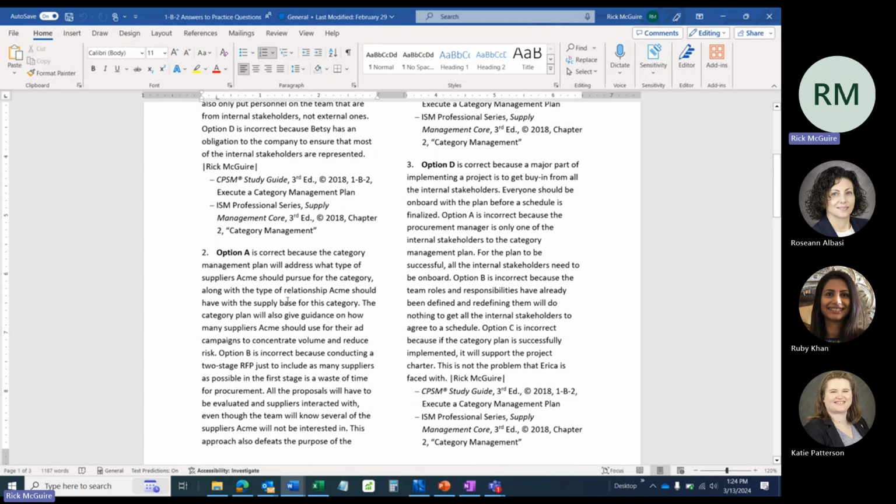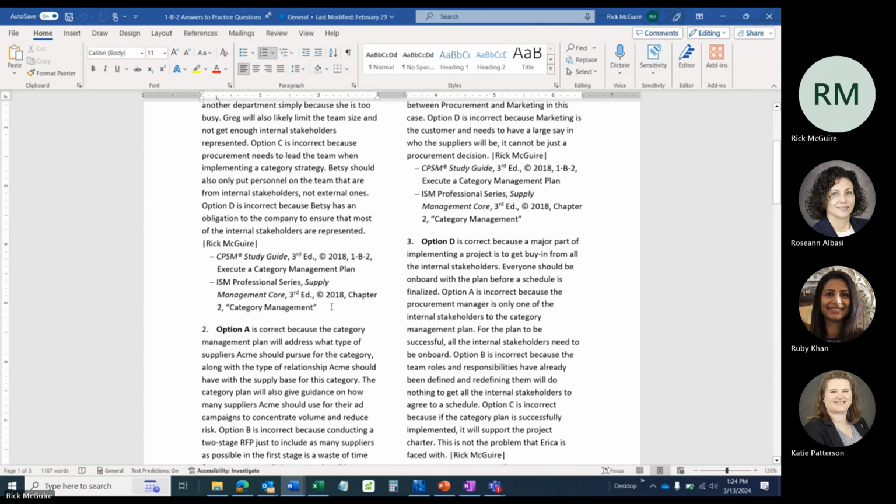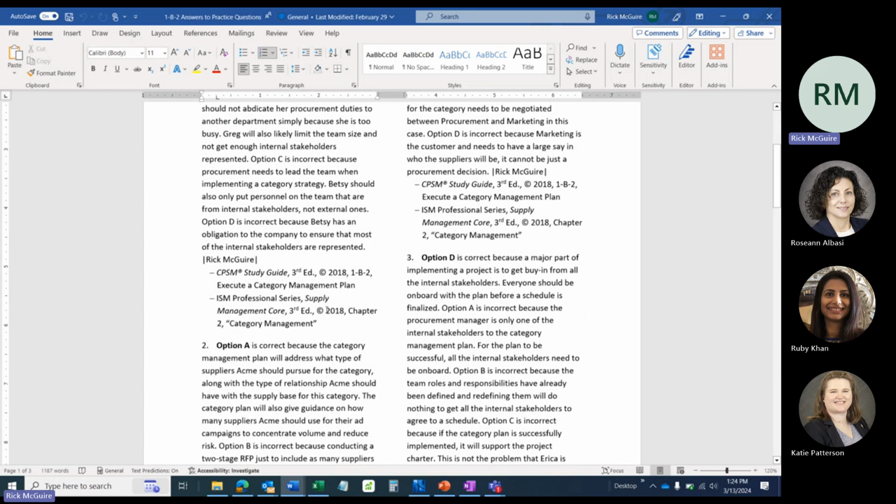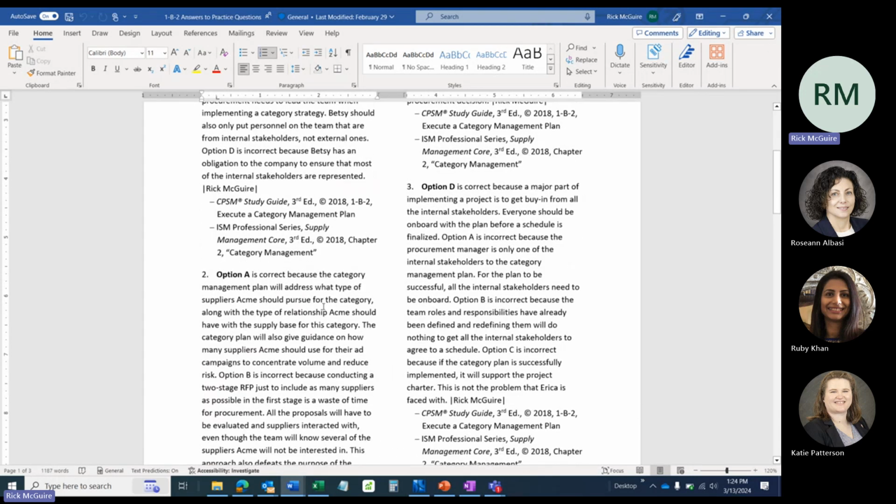Two is Alpha. Correct, because the category management plan will address what type of suppliers Acme should pursue for the category and the type of relationship they should have. Plan drives the tactics, not the other way around. Three is Delta. Major part of implementing a project is to get buy-in from all the stakeholders.